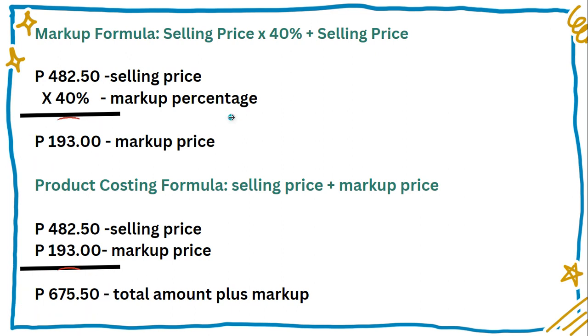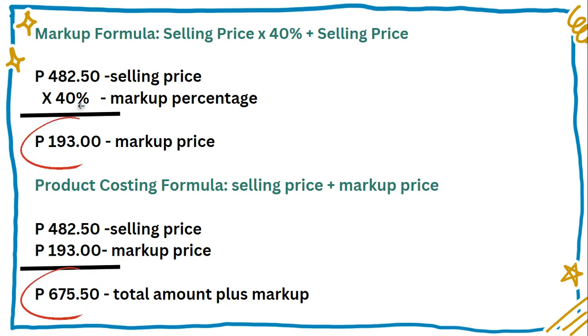Children, in order to get the 40% of 482 pesos and 50 centavos, just like what you learned in math, you are going to convert 40% into a decimal. We can convert 40% into a decimal by moving the decimal point twice to the left. In this case, the decimal point is here at the end of the zero.